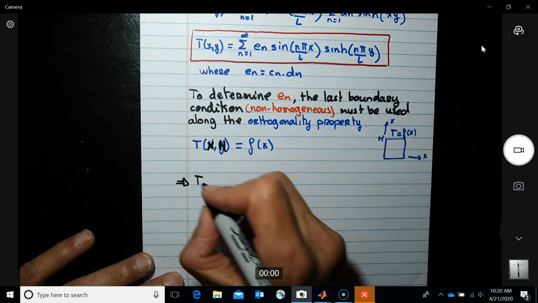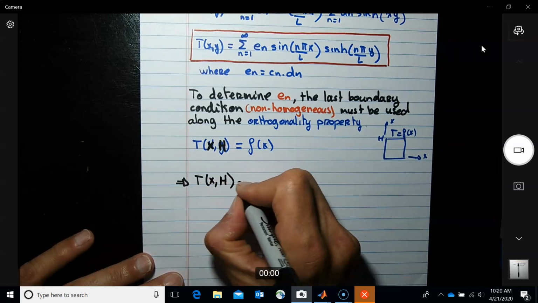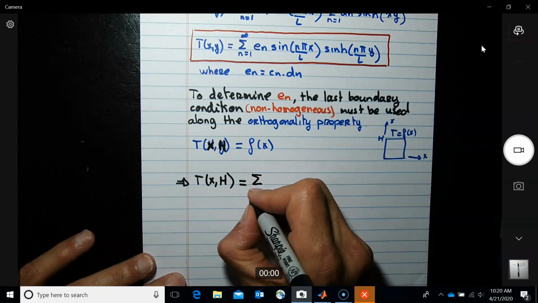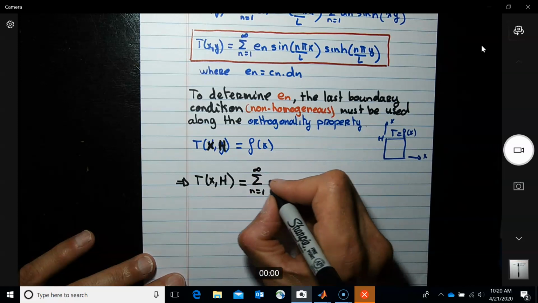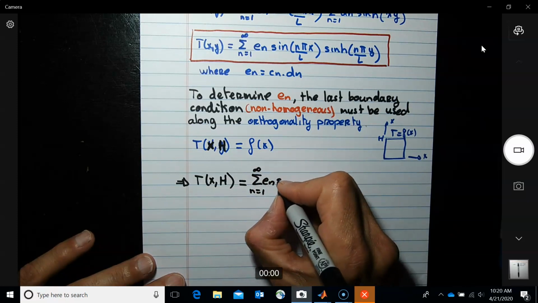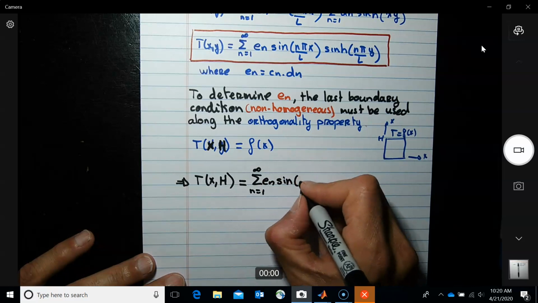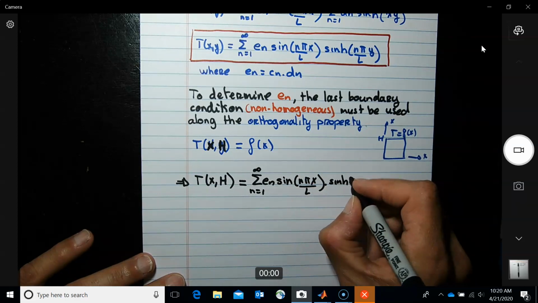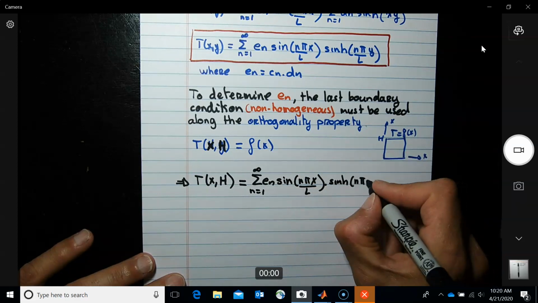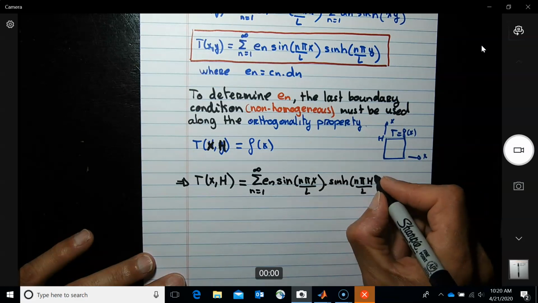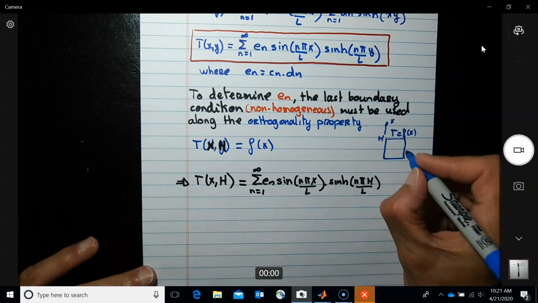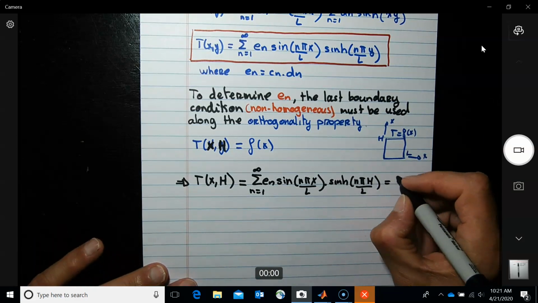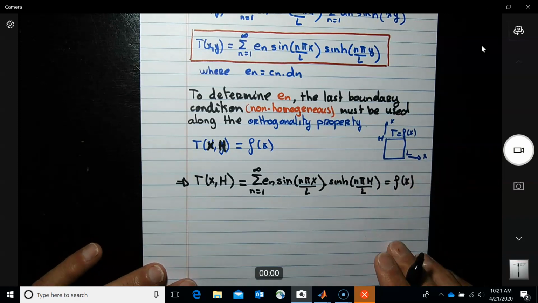So T(x,h) is equal to f(x), but that will be equal to the summation of n equal to 1 to infinity E sub n sine n pi x over L times sinh of n pi h over L. L is this side of the plate, and this is equal to f(x).